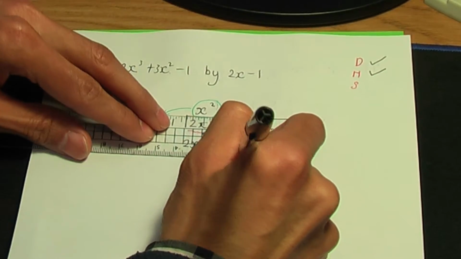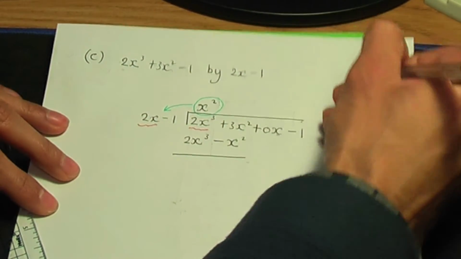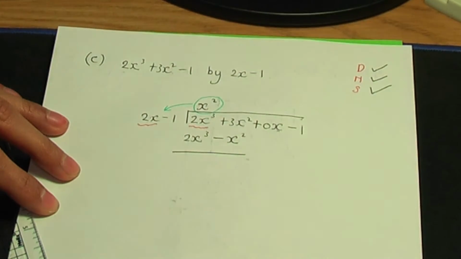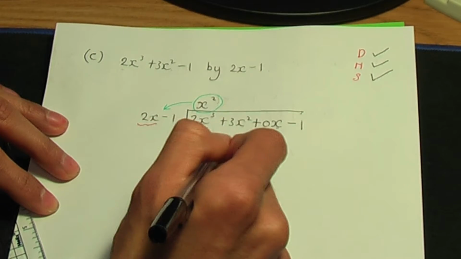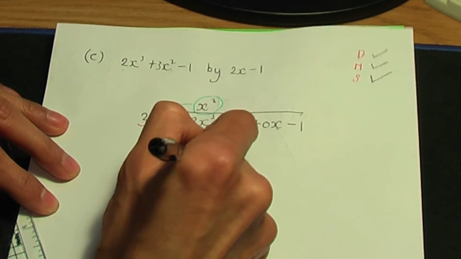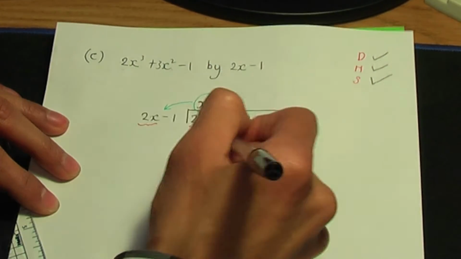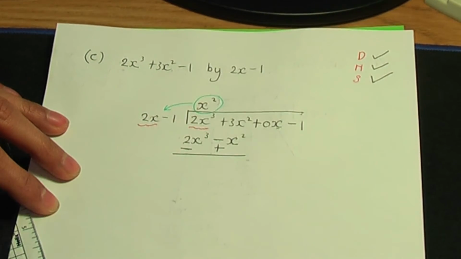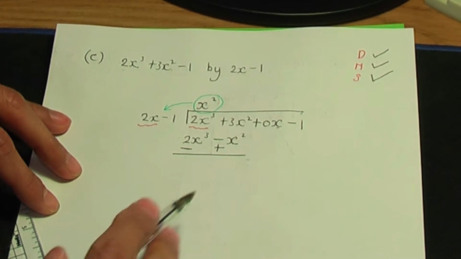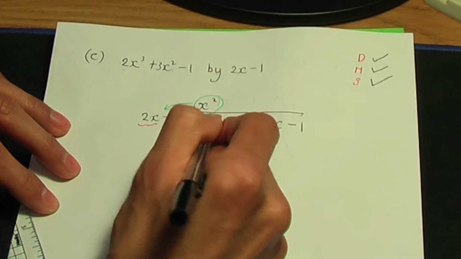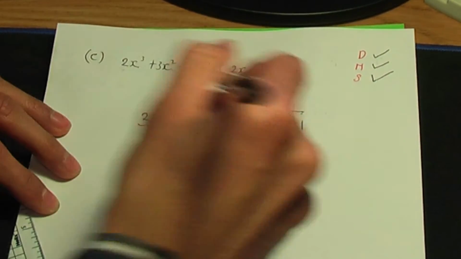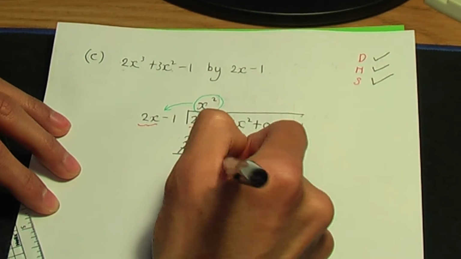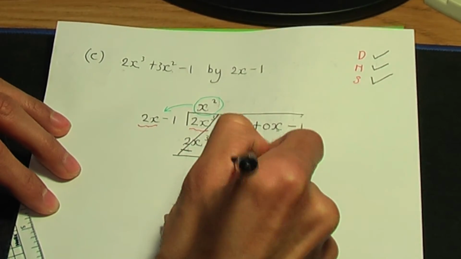Okay, so now we're ready to go through the next operation. S means subtract. So have a look at the bottom terms, reverse their signs. This plus, reverse it to minus. This minus, reverse it to plus, so that when you add 2x cubed minus 2x cubed, that amounts to nothing. 3x squared plus x squared is 4x squared.